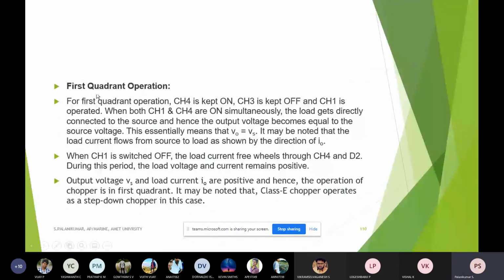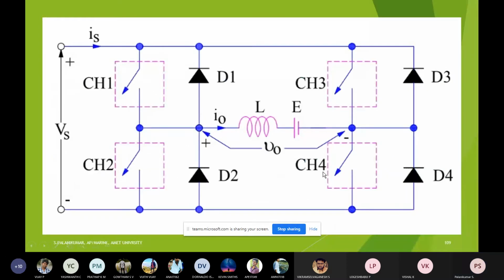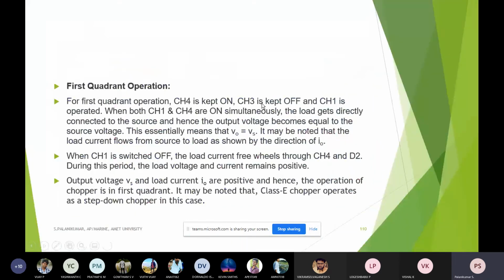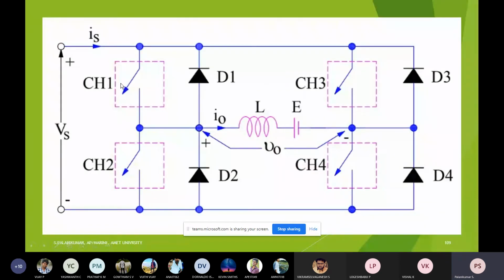During the first quadrant operation, chopper 4 is kept on and chopper 3 is kept off. Chopper 1 is operated with on and off frequency, and I am going to vary the duty ratio.